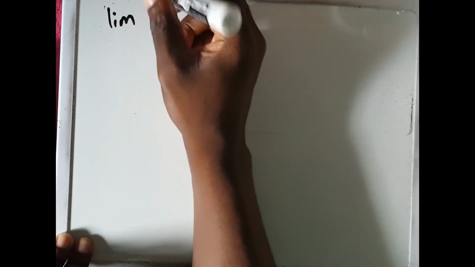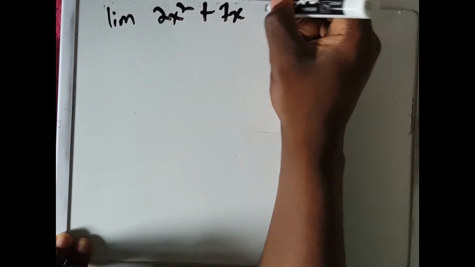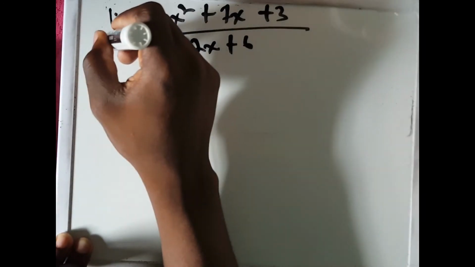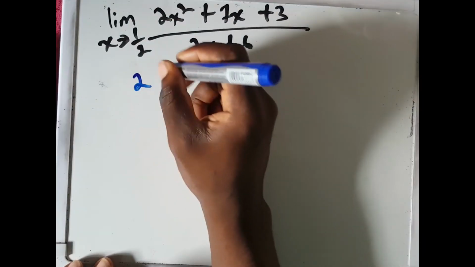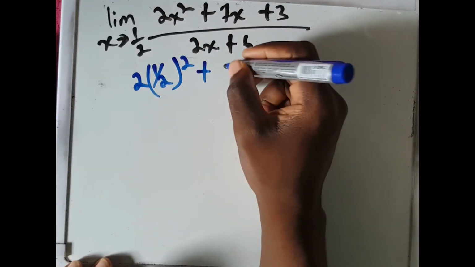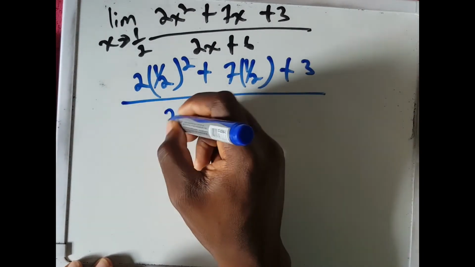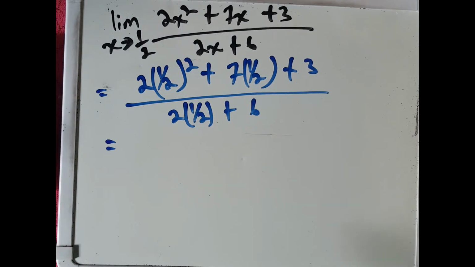The limit of 2x squared plus 7x plus 3 over 2x plus 6 as x approaches a half. So 2 times a half squared plus 7 times a half plus 3 over 2 times a half plus 6. Half squared is a quarter, and 2 times a quarter is just a half, right?